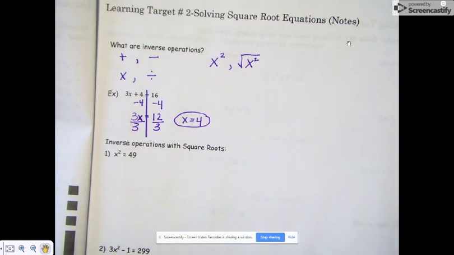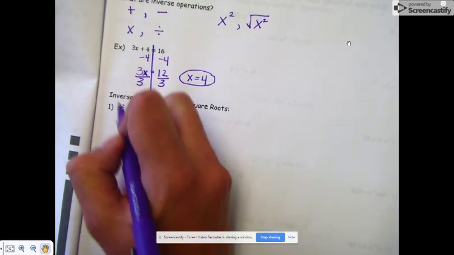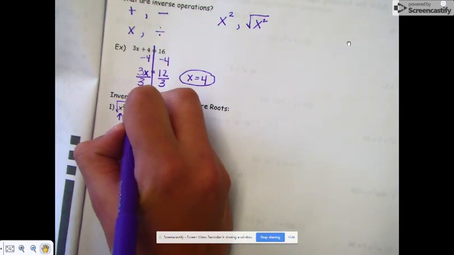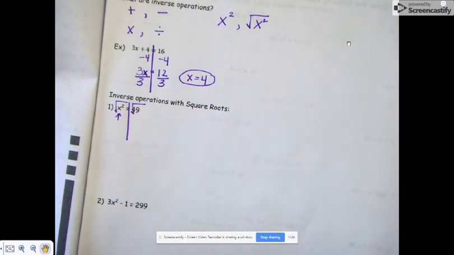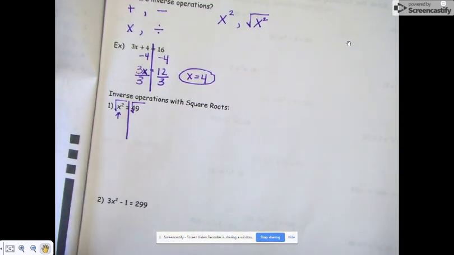Okay, so now we're going to use it with square roots. If you see a square, as long as x squared is alone, like it is here, you can go ahead and take the square root. To undo x squared, we can take the square root, and we have to do it to both sides. The square root of x squared, what times what gives you x squared? Well, x times x gives you x squared.